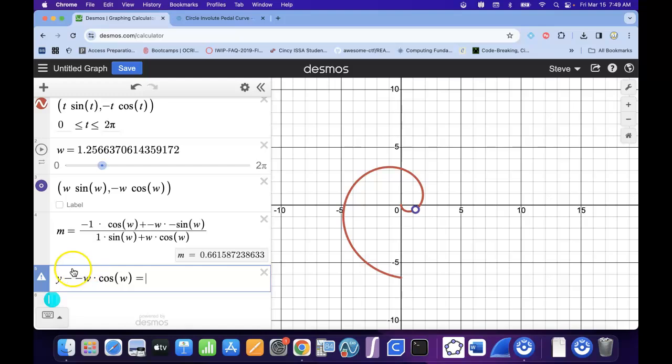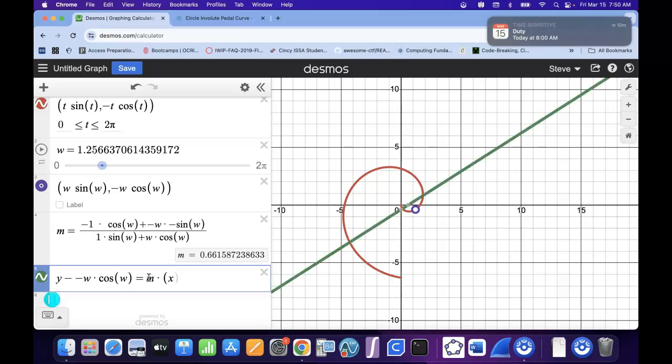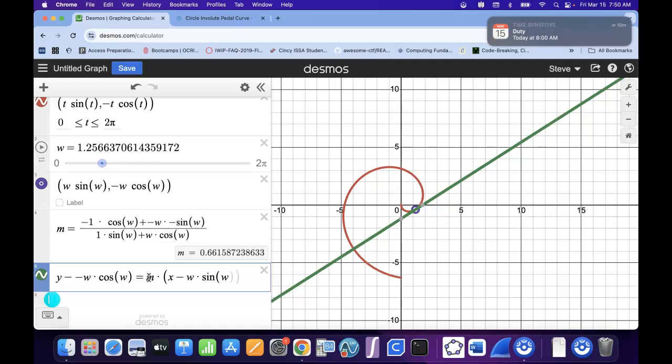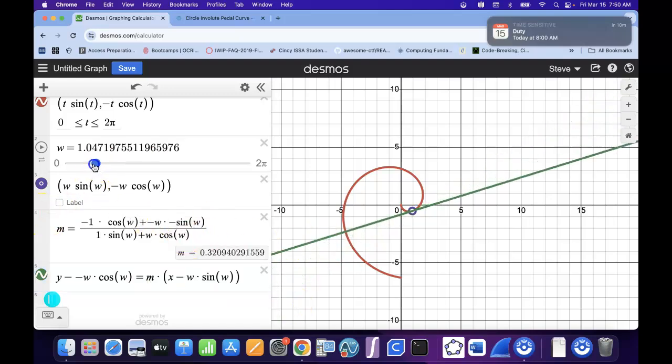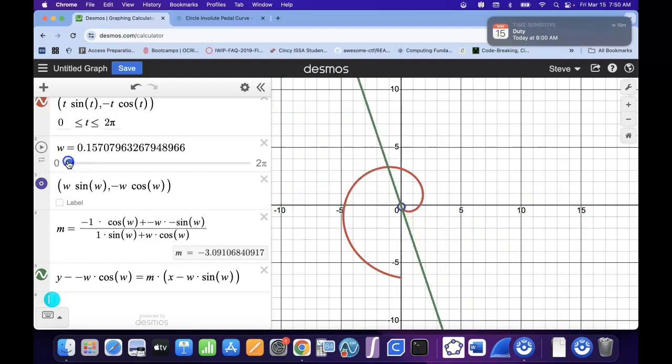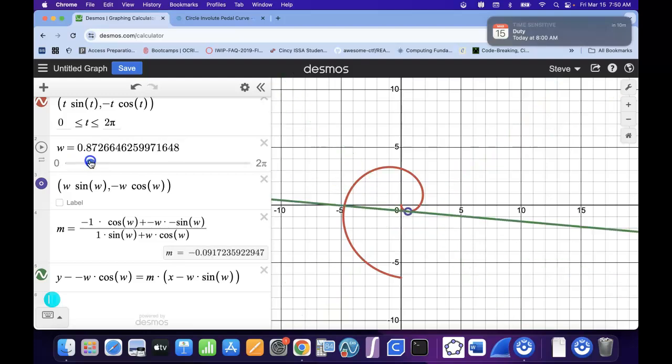And so y minus the y-coordinate equals m times x minus the x-coordinate, which is w times sine of w. And so there it is. As I drag my slider, that tangent line moves along with it. That looks cool. That looks very, very cool.